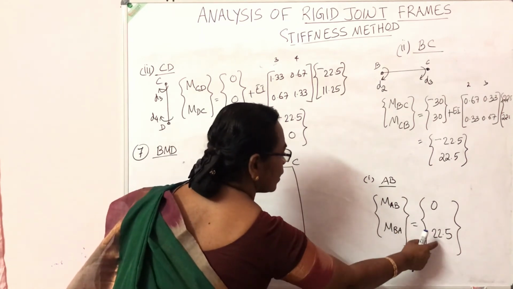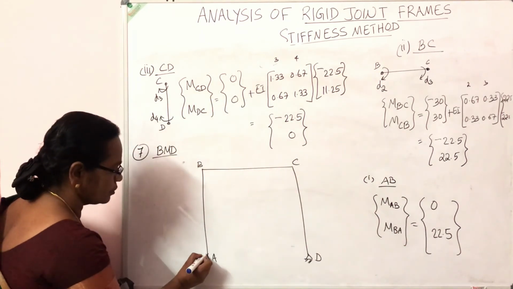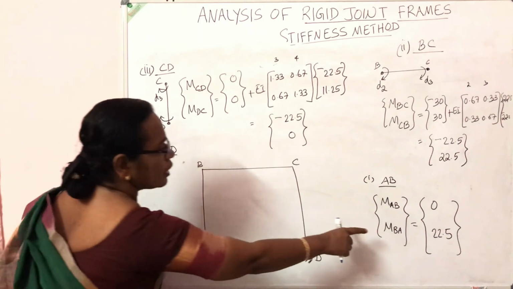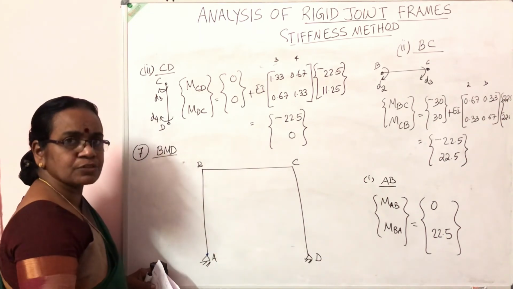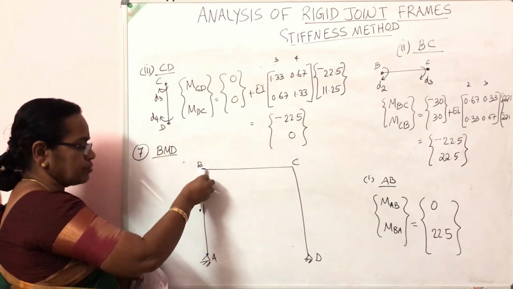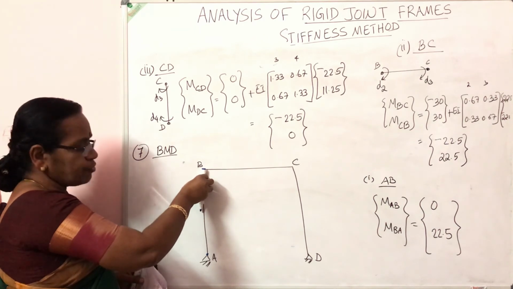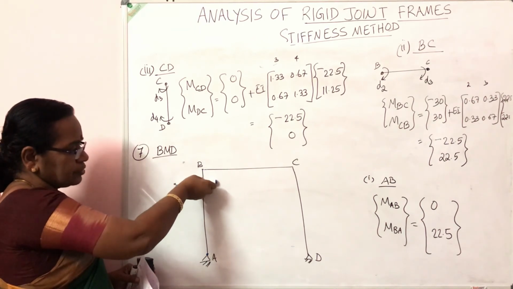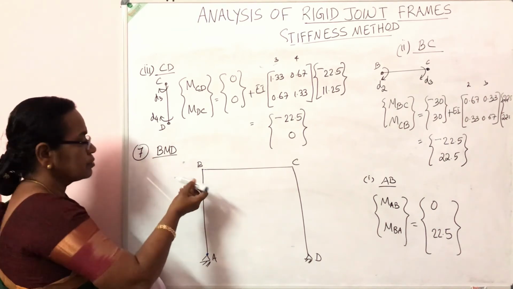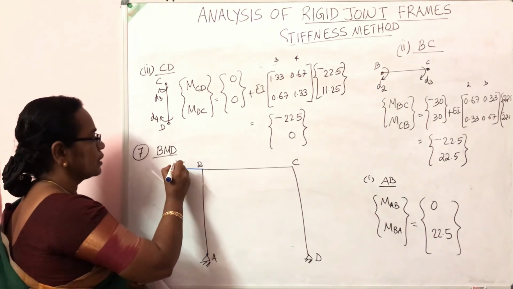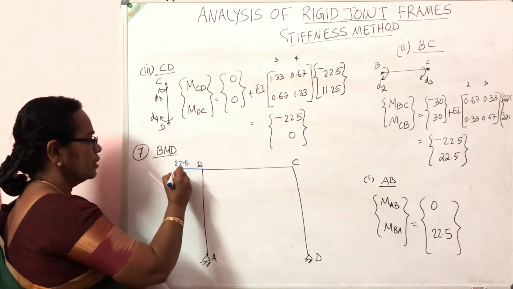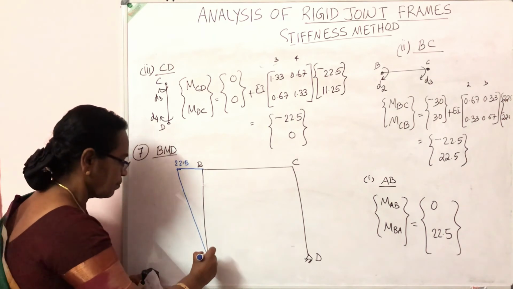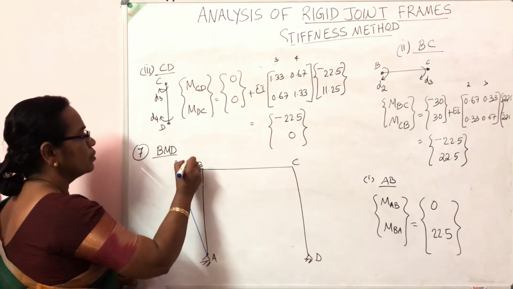It was 0 at A, so it's a hinge, so it should be 0. MBA is 22.5, clockwise. So B to A, place your pen like this. 22.5 clockwise, so it moves in this direction. Mark 22.5 here and join it, and write the unit kilonewton meter.